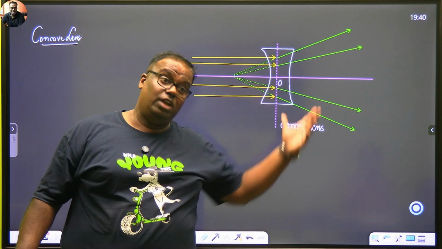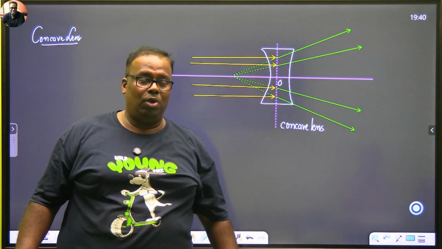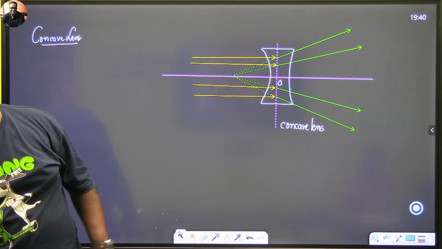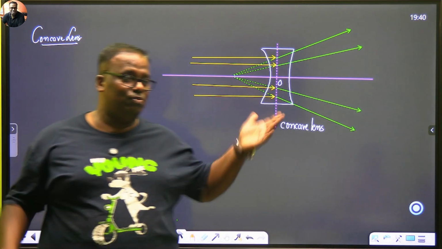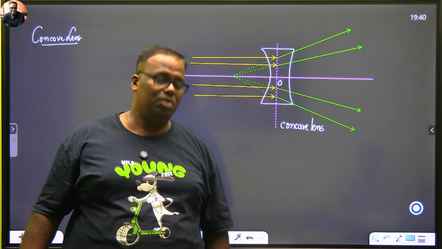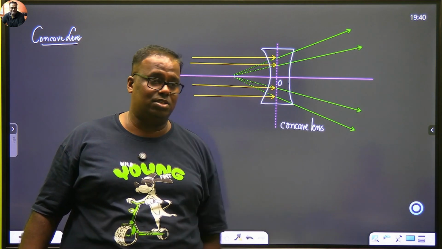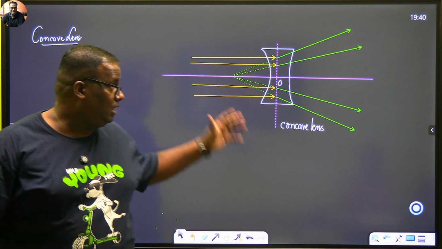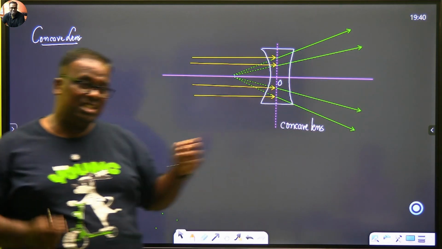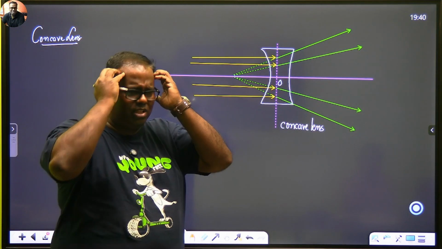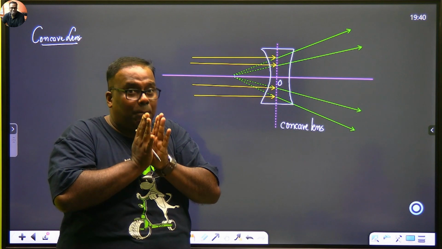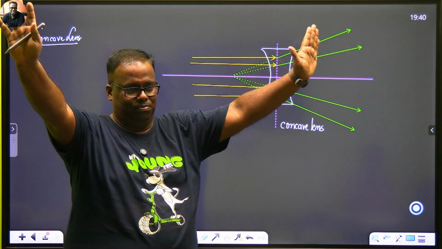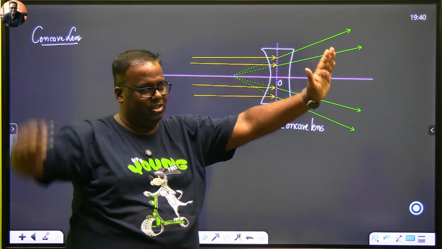So they're not meeting. My problem is that if they don't meet, I will not be able to define the focus of this lovely lens. So what do I do? I say that they diverge out, but is there a point where I can think in my mind where they appear to diverge from? Got it?